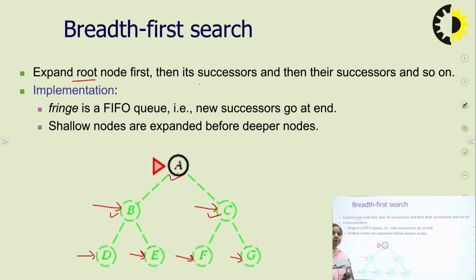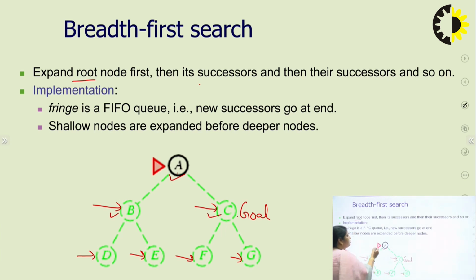So let me consider a particular node as the goal node. Let me call C the goal node. So what will happen in this? We will firstly expand the root node. What is the root node?